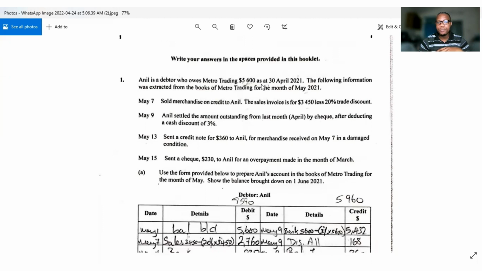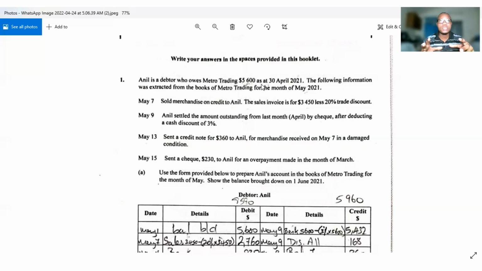Now, the important thing for you to remember, guys, is that anytime you see a question, you must always read through the question first. Don't think that it is time wasting. Just read through the question so you can have an idea as to what the transactions are and what needs to be done. The next thing I want to point out is that they're asking you to present Anil's account in the books of Metro Trading Limited.